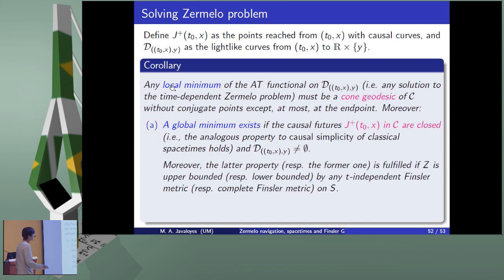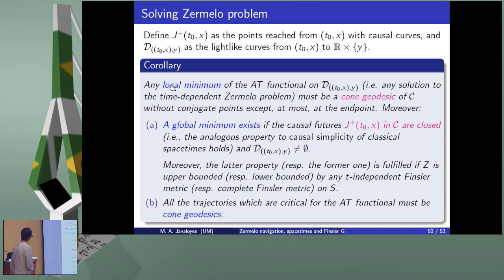Moreover, you can prove that in certain cases, for example, if your time-dependent Zermelo metric is upper bounded by a Finsler metric which is complete, then you can prove the existence of a solution. So at the end, all the trajectories which are critical are geodesics.